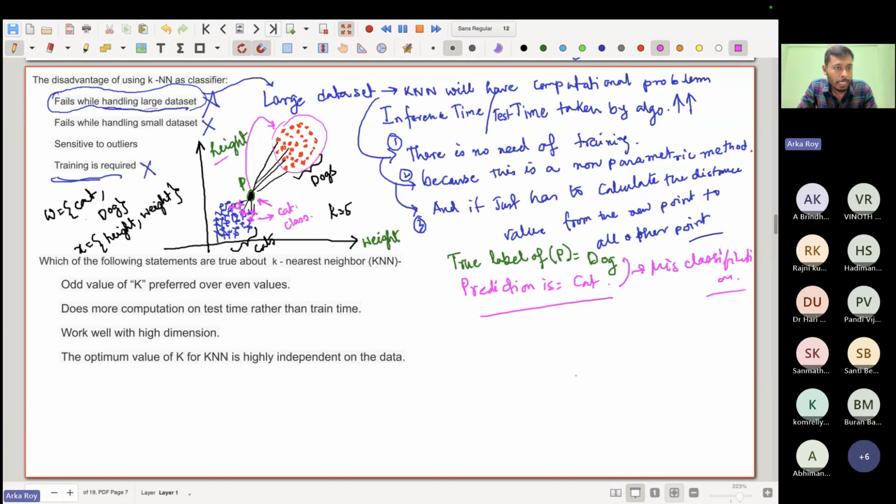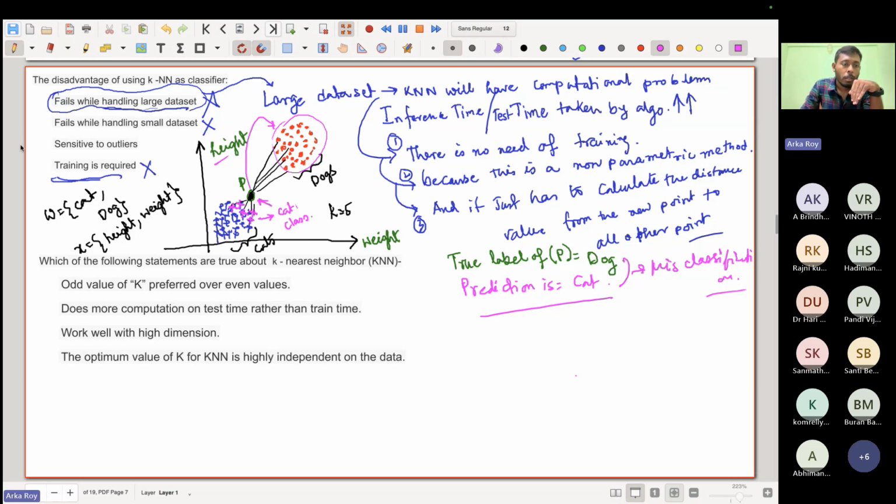So what I was telling was, for this particular outlier case, you can see that your classification accuracy will go down. So classification algorithms like KNN are sensitive towards outlier data points, because if you have an outlier, your classification accuracy may go down.